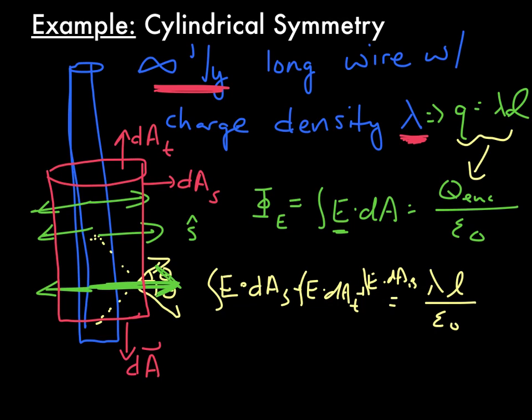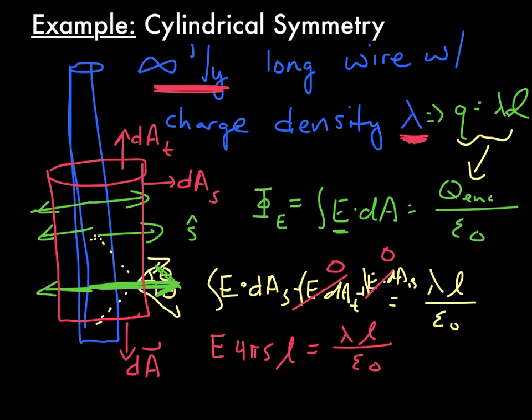Take a look at your components. There is no part of this electric field that's coming straight out of this wire that goes down, which means this is 0, that's 0, so all you're left with is that E times the area of the side. In this case, it would be 4 pi S, that's the circle around it, times L equals lambda L over epsilon naught. So this right here is the distance around, that's the circumference of the cylinder.